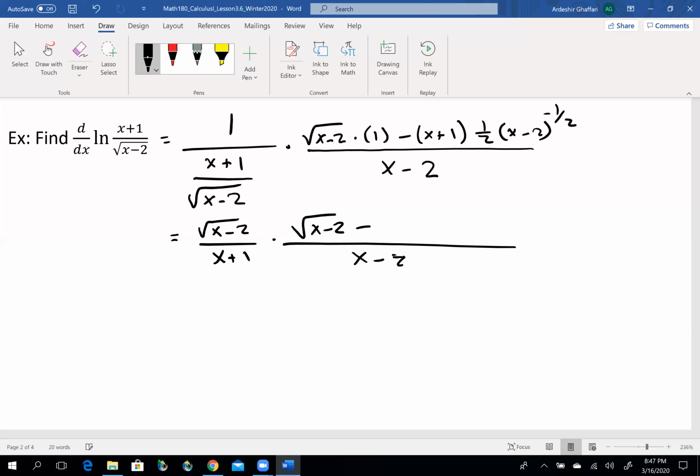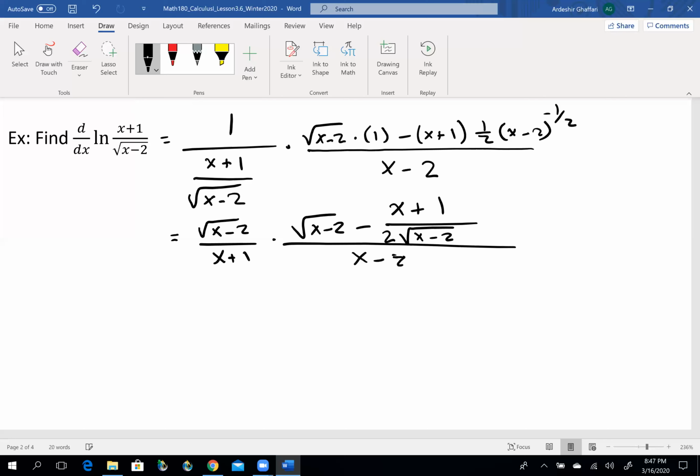So my numerator is x plus 1 over, so square root of x minus 2 times 1 is the square root of x minus 2, minus, then x plus 1 is going to be in my numerator, and then 2 times the square root of x minus 2 over x minus 2.